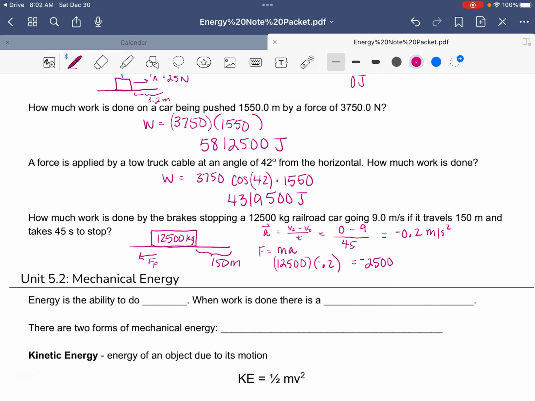So to plug in, I would have my work is equal to my force, which is -2,500, times my distance traveled, which was 150 meters.